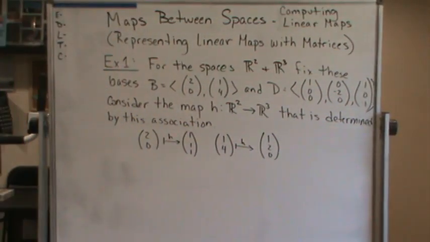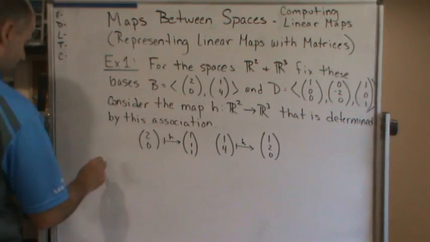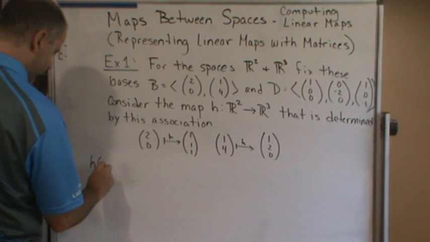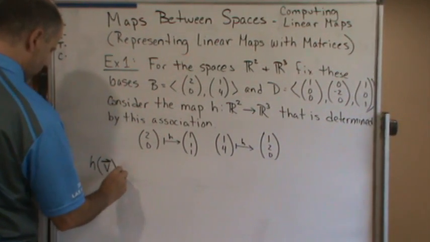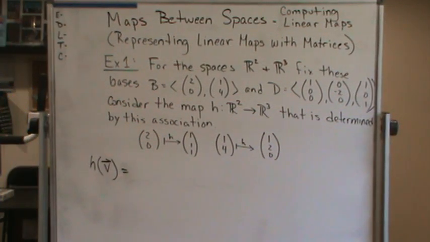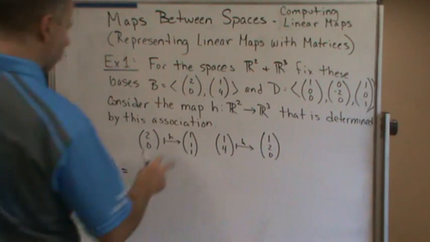Okay, so now we have H of V. Let's use what we just found. It's going to be some linear combination of the two basis vectors here, right?